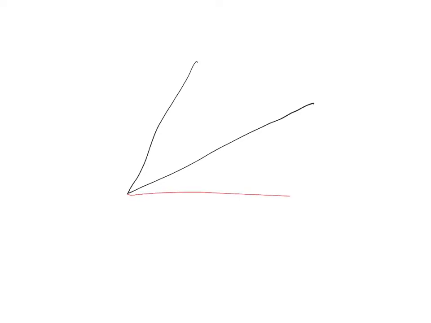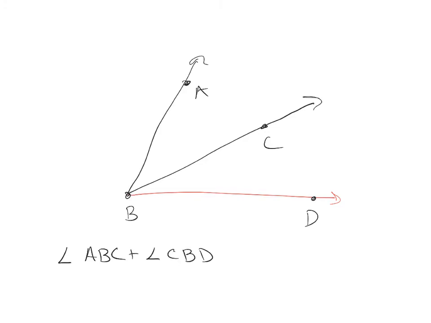The angle addition postulate states that if there are two angles that share a side, like these two angles do, that we can say that if this is A, we'll call this B, we'll call this C, and we'll call this D. We can say that angle ABC plus angle CBD, so this angle and this other smaller angle, okay, they're not necessarily the same size, they can be different sizes, are equal to this total angle, this whole thing from top to bottom. We call that angle ABD.